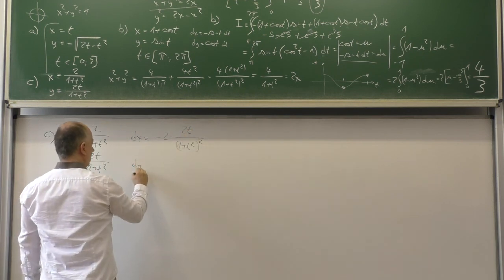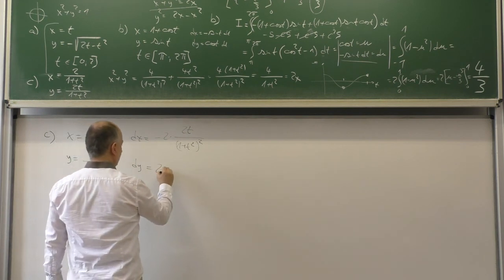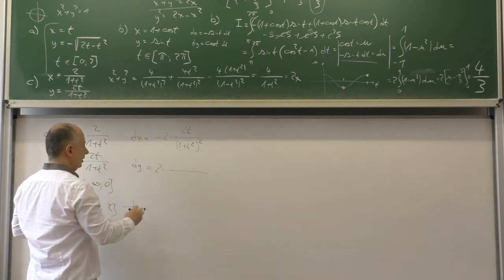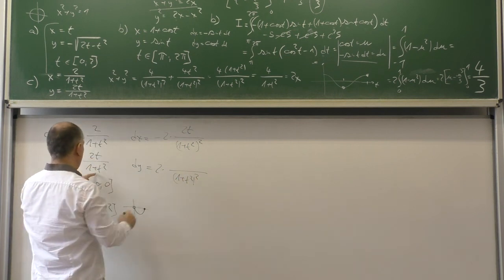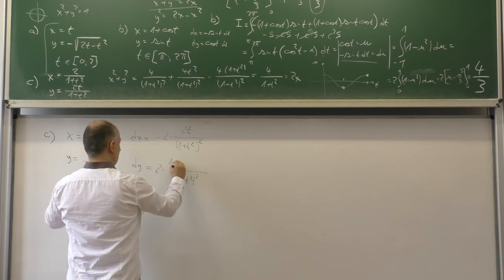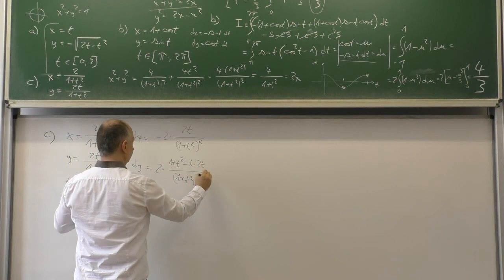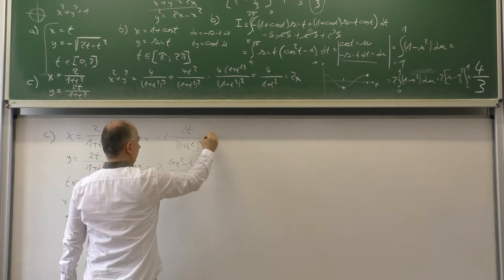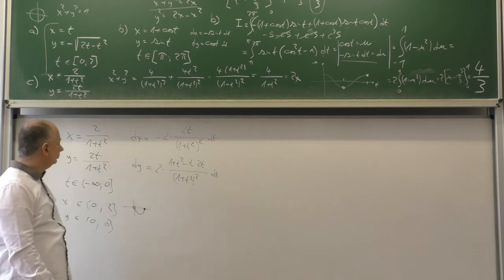And for y, we have to differentiate as a fraction, so we put 2 in front of the fraction, and we have 1 plus t squared, square of that, and the derivative of t is 1 times 1 plus t squared minus t times 2t. dt, if we write the differentials.